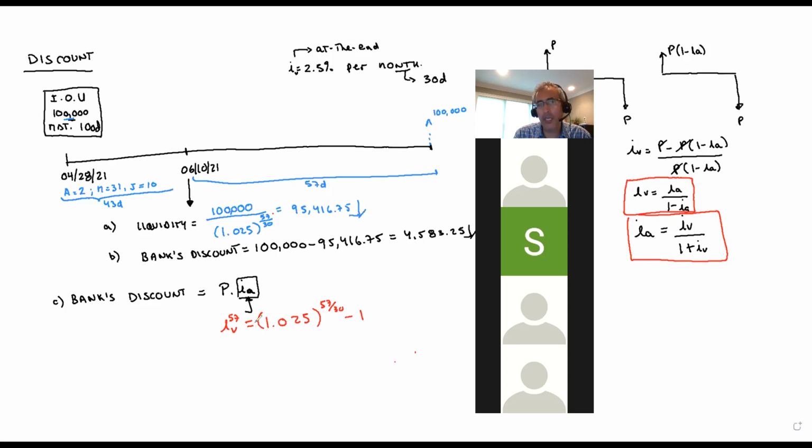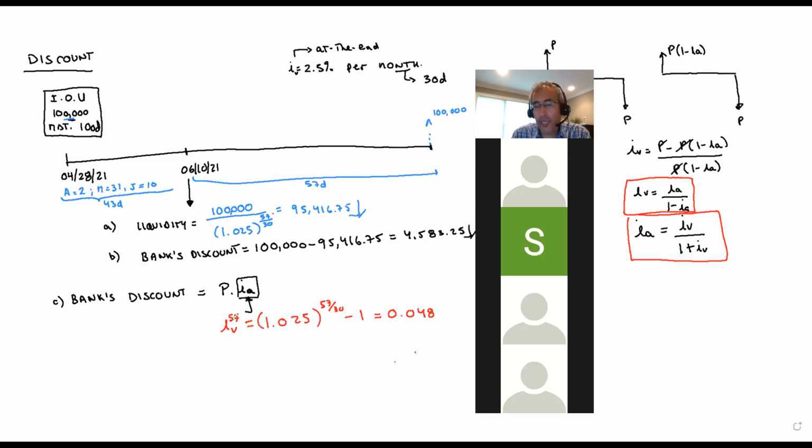So this is my IB for 57 days, correct, guys? So let me see, 1.025 to the power 57 divided by 30 minus 1. This number here, guys, is going to be 0.048, etc. Got it?